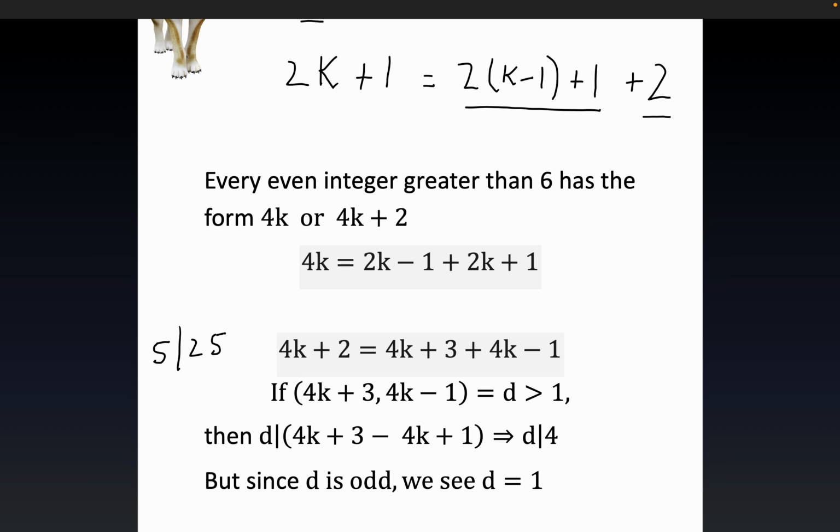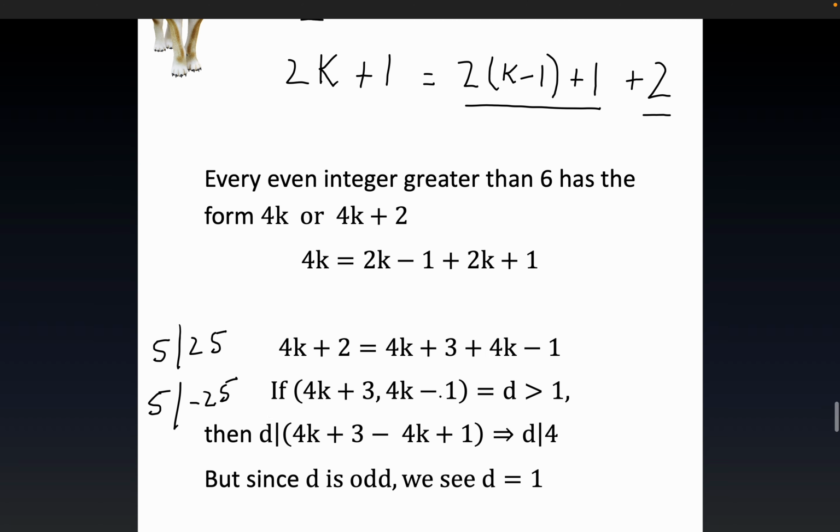But 5 certainly also divides negative 25. And that's the only truth we're using right here. This is just a special case of what I'm trying to illustrate. See how I switch these around? Okay, if d divides 4k minus 1, it also divides the additive inverse of 4k minus 1, which is minus 4k plus 1.